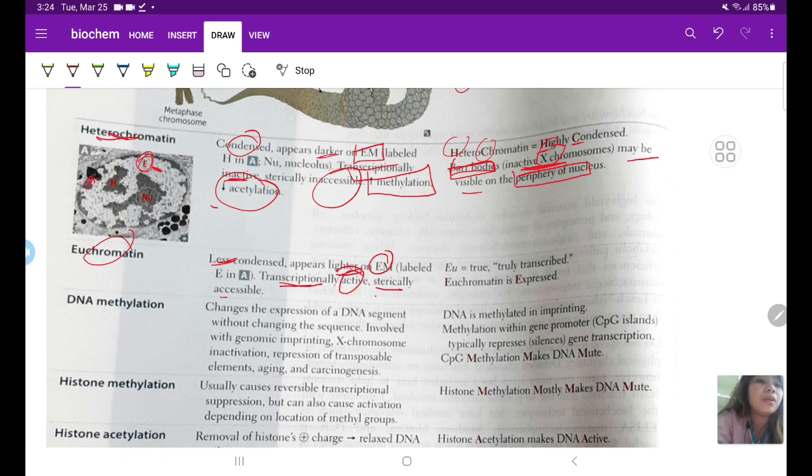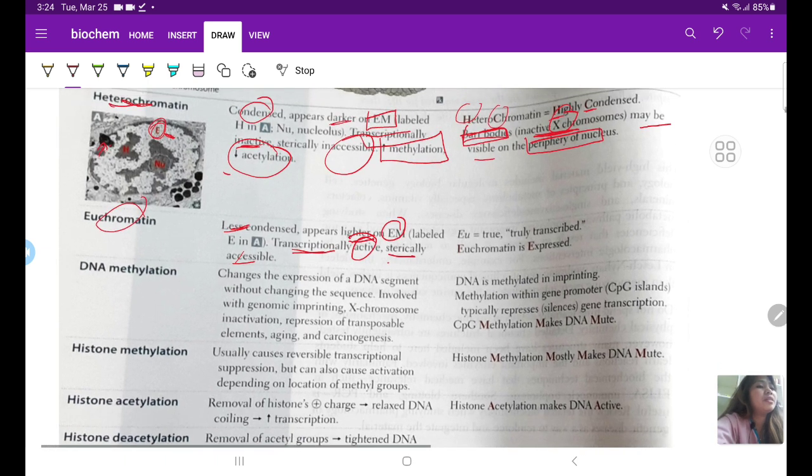If you compare it with heterochromatin, heterochromatin is transcriptionally inactive while euchromatin is transcriptionally active, and this is sterically accessible while heterochromatin is sterically inaccessible.